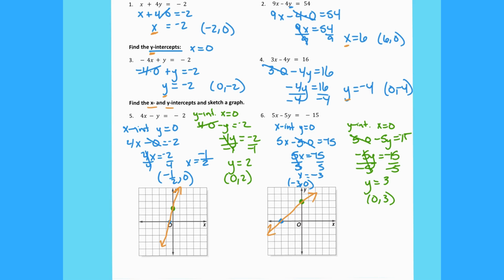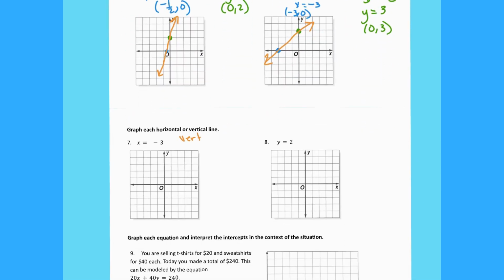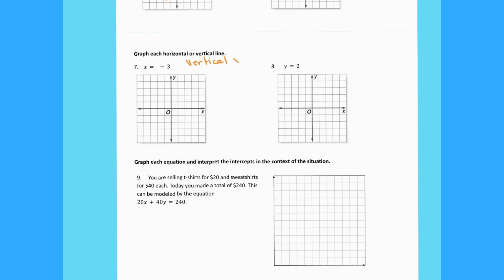So up above in our vocab, we said that the vertical line was x equals. And the horizontal line was y equals. So in number 7, we have x equals, so that tells me it's going to be a vertical line going through the x-axis at negative 3.